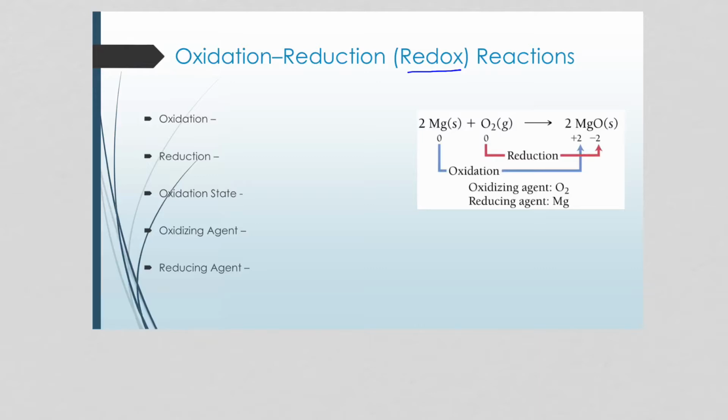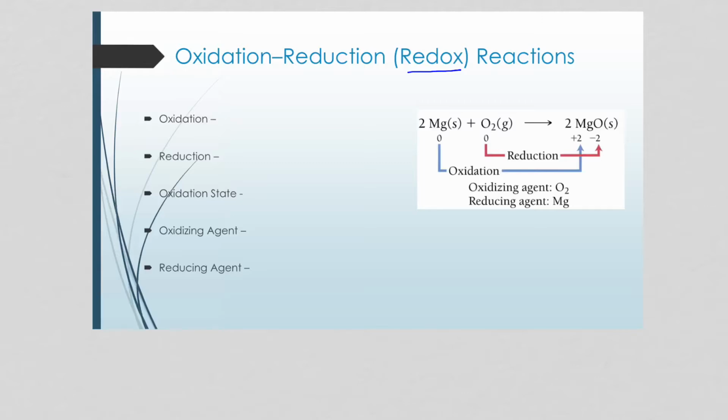We're just going to sort of touch the surface of redox chemistry. Much like acid-base chemistry, we will discuss this in much more detail in a chapter in the second semester if you take Chem 2. But for now, let's talk about the basics of oxidation-reduction chemistry.